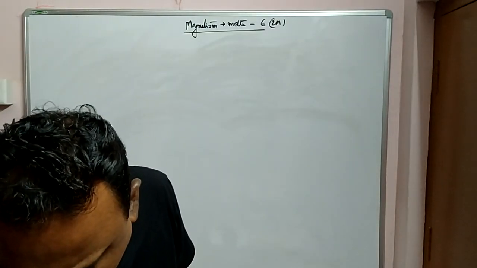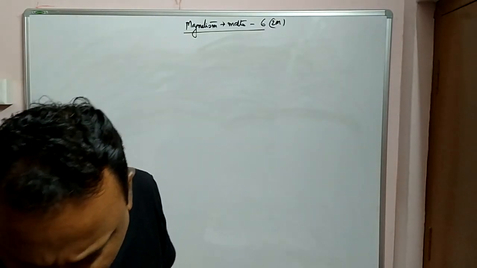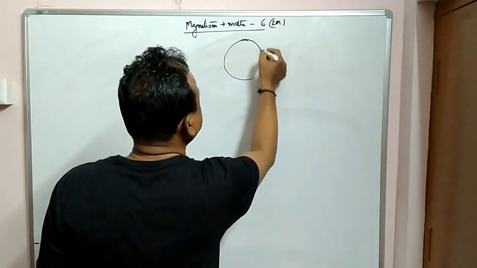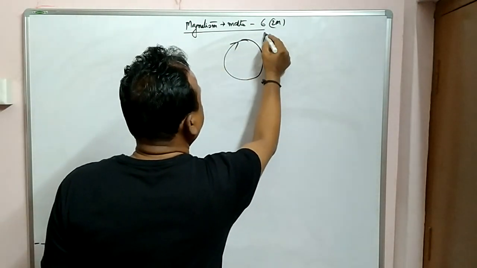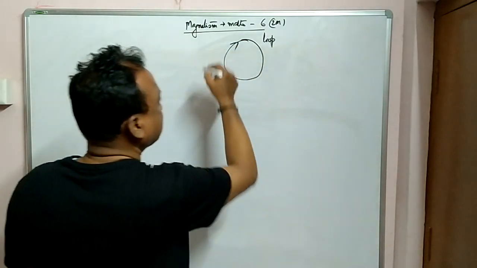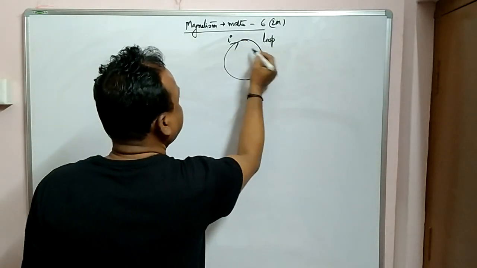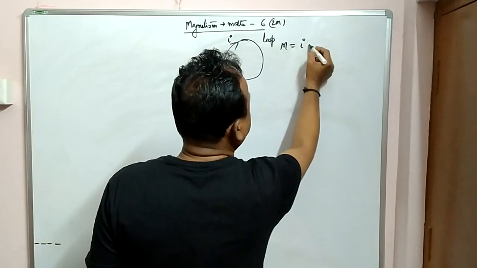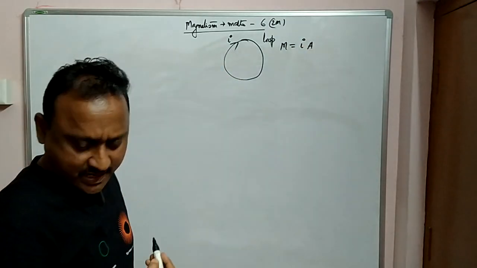Now let us learn some more points. For example, take a current carrying loop, suppose this is a circular loop carrying a current I. For this also, how is the magnetic moment given?